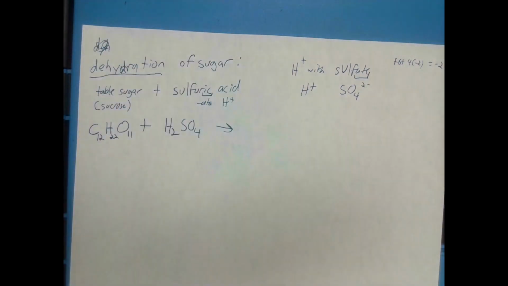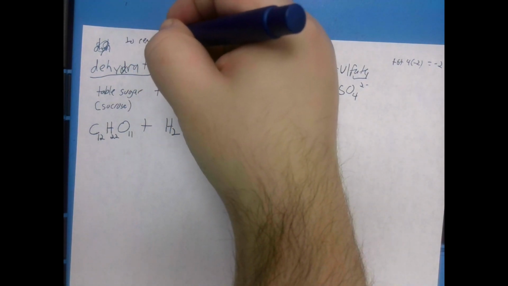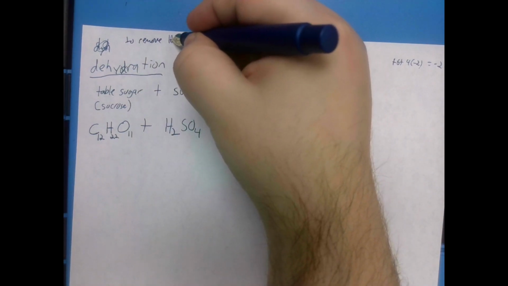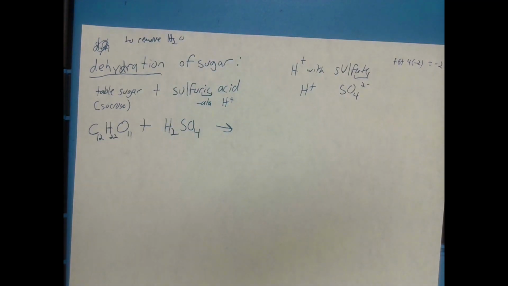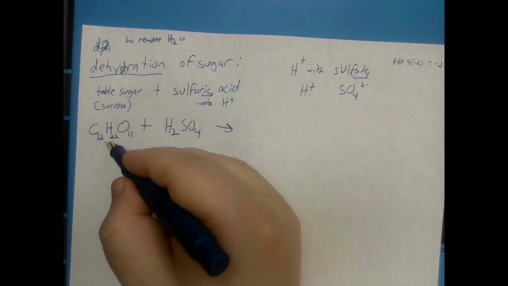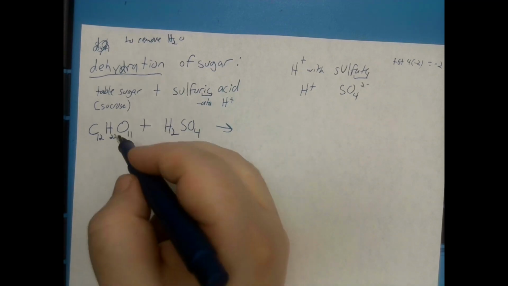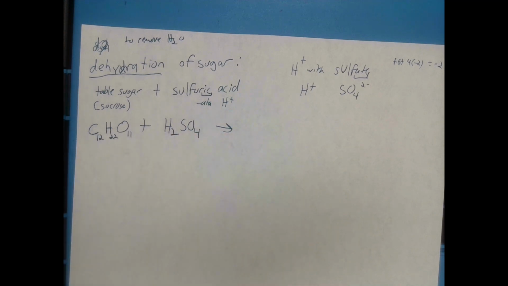And what does dehydrate mean? To remove water, H2O. Look, we have H2O. Actually, how many H2Os do we have? We have 11 of them attached to 12 carbon. So if I remove the H2Os from carbon, what am I left with?